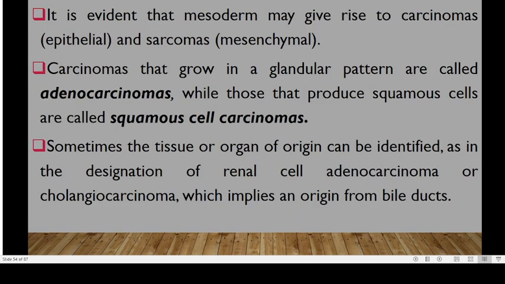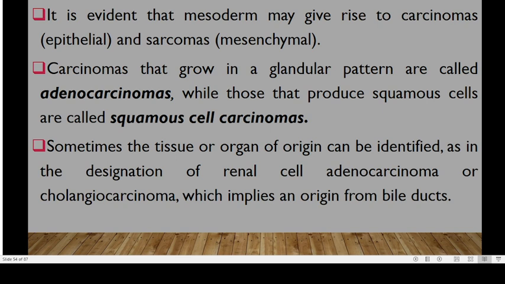It is evident that mesoderm may give rise to carcinomas and sarcomas. So carcinomas that grow in a glandular pattern are referred to as adenocarcinomas, while those that produce squamous cells are referred to as squamous cell carcinoma.